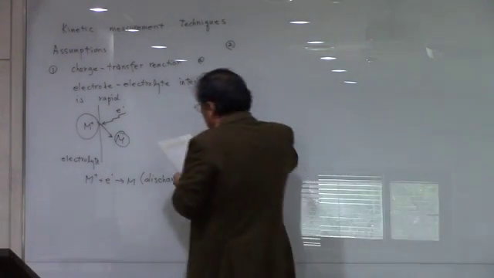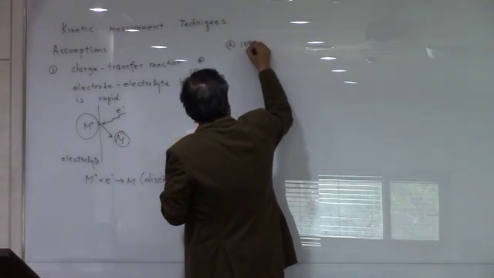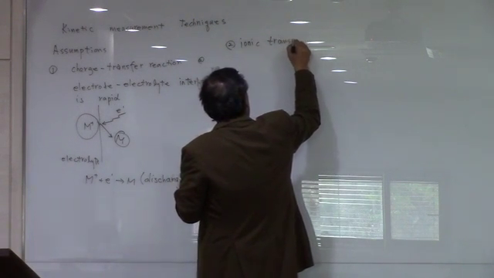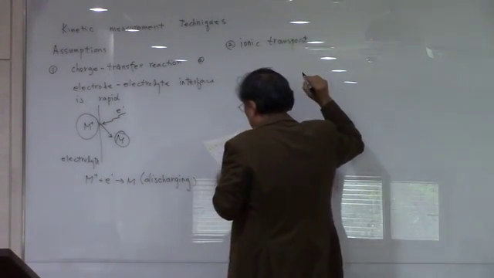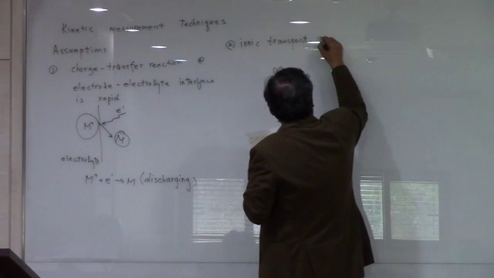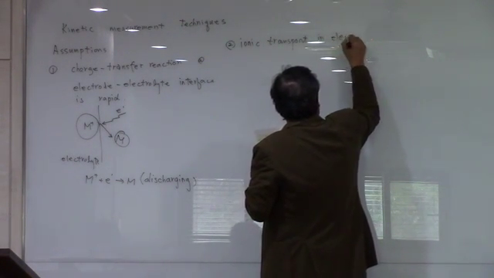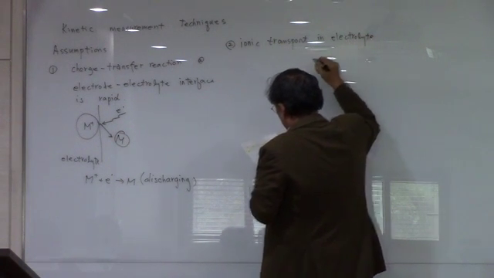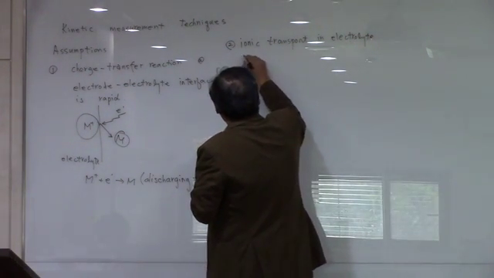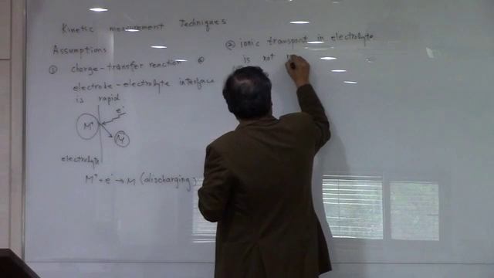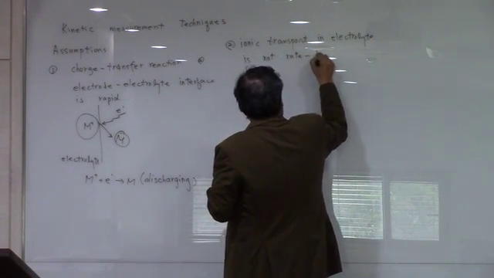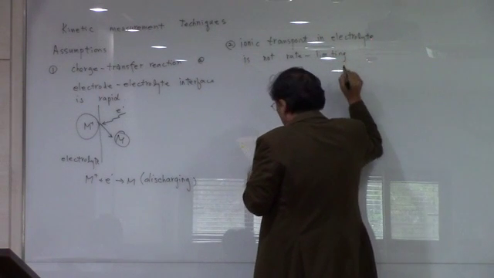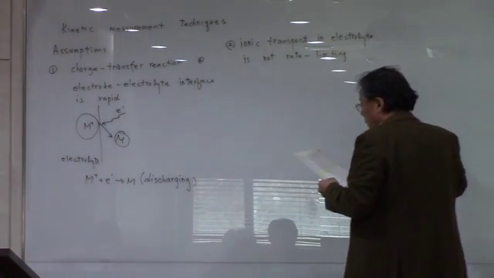And the ionic transport in electrolyte is not rate limiting. Rapid enough, okay?